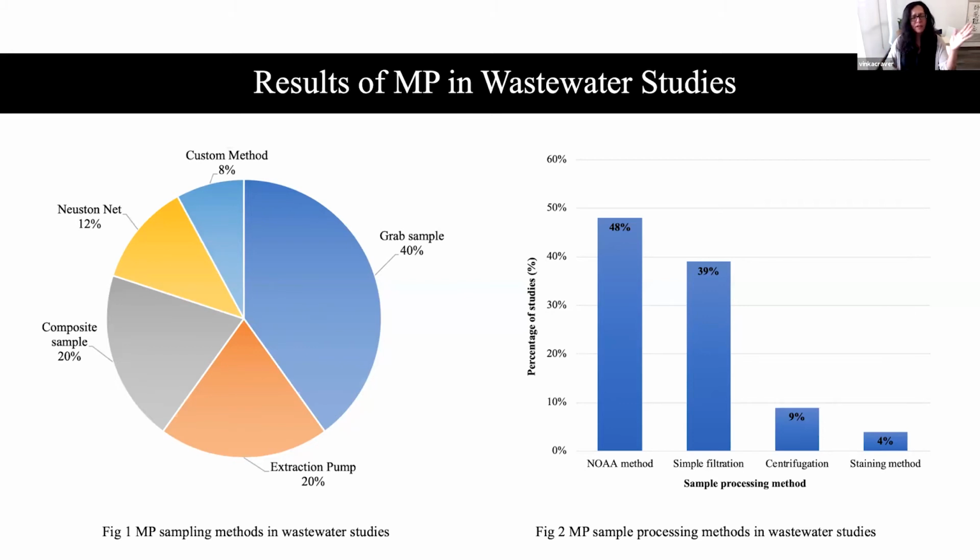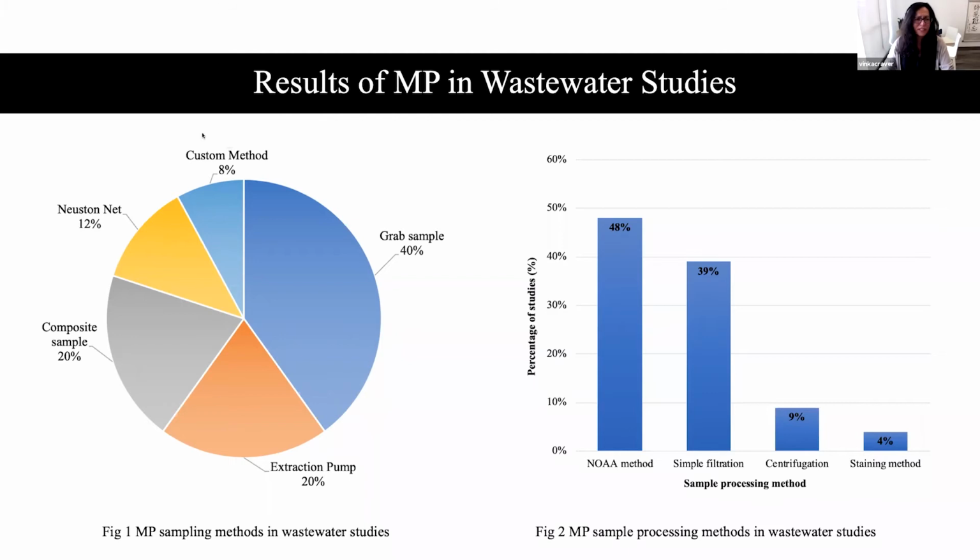That could be a problem because, as I showed you in the treatment train, where you take the sample is going to determine the concentration you get. Sometimes they are not taking it at the discharge of the plant. It might be just practical. As you can imagine, it's not that easy to have access to the pipe that is discharging the wastewater treatment plant.